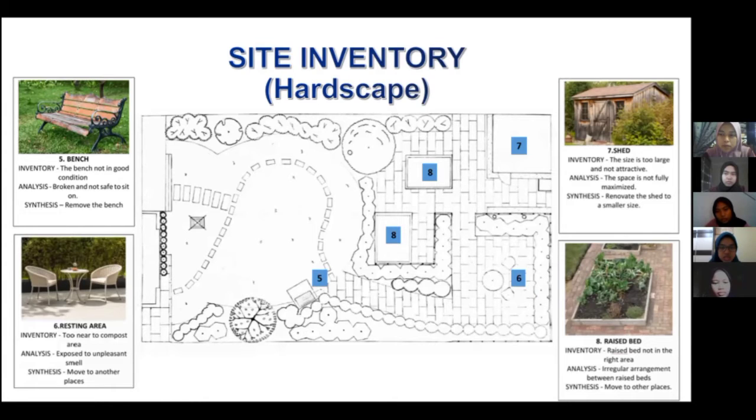So we decide to renovate the shed into a smaller size. And last but not least, we also have the raised bed, which is not in the right area and arrangement, so we are planning to move the raised bed to another suitable place.